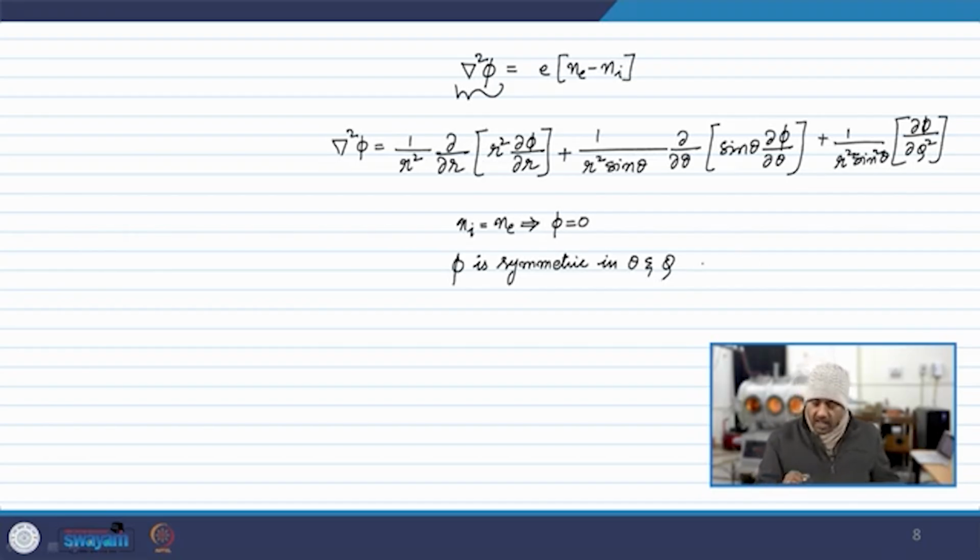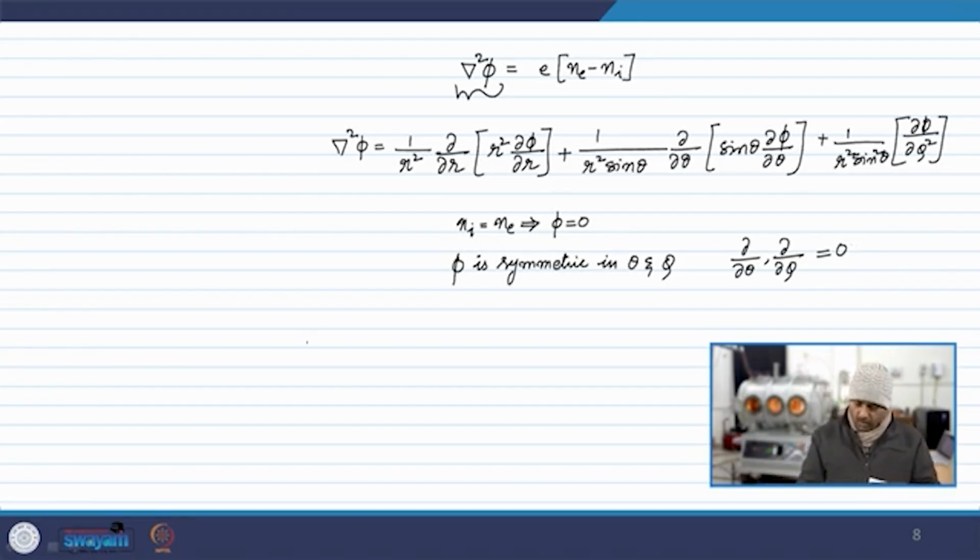It is only varying as a function of distance, but along the azimuth, it is not varying, it is constant, right. Which means that we can neglect the dou by dou theta terms and dou by dou phi terms, they are 0. Since we are no longer dealing with 3 independent variables and 1 dependent variable, we have only 1 independent variable and 1 dependent variable. That means we can get rid of all the partial derivatives and we can write the total derivative, right.